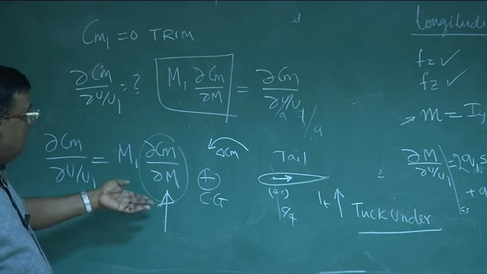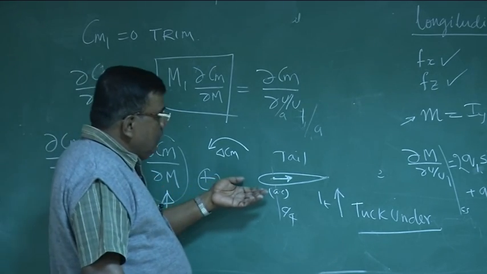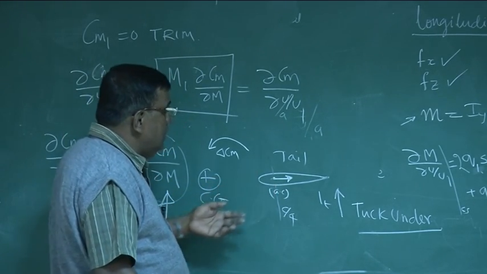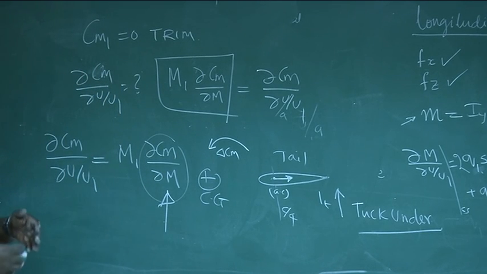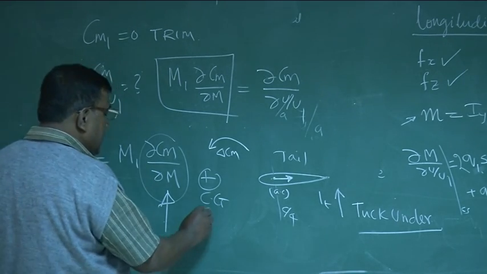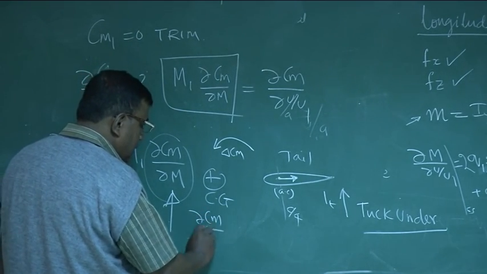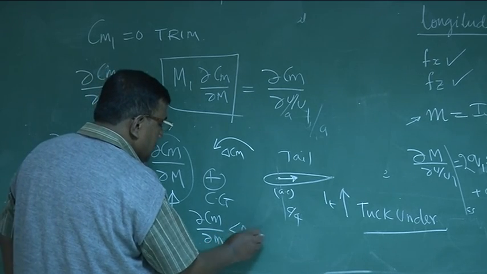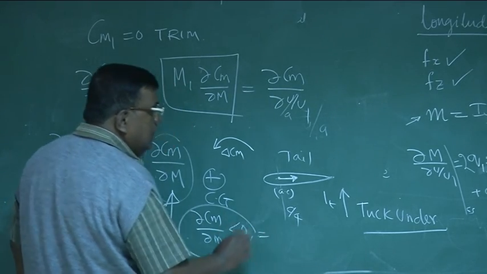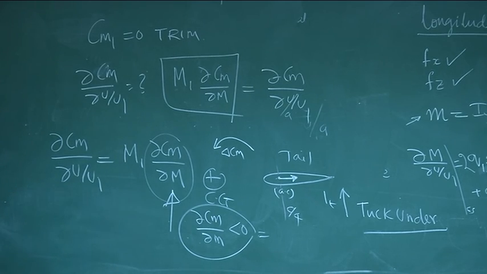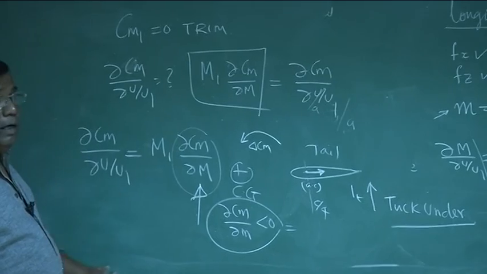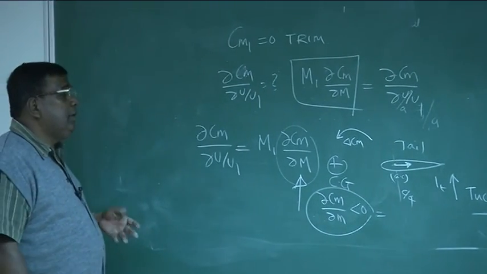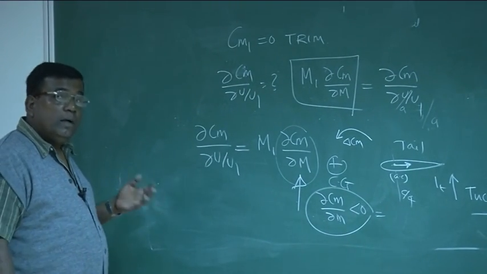So dCm by dM is extremely important. You could see that as I am increasing my speed to supersonic, there's an additional pitching moment, dCm, which is coming because the AC of the tail is moving backward, and this dCm by dM is negative. It gives a pitch down moment, and hence the tuck under phenomenon. We must evaluate this when doing analysis of dynamic stability, especially at supersonic Mach number.